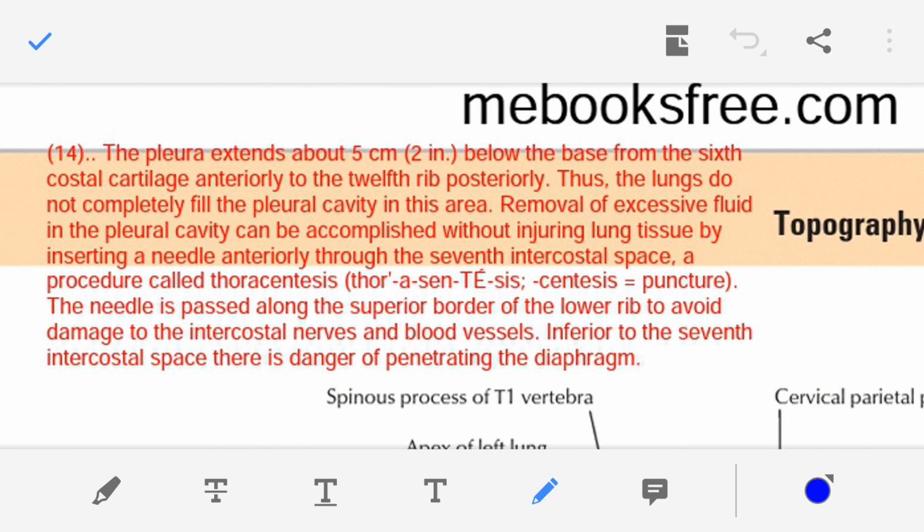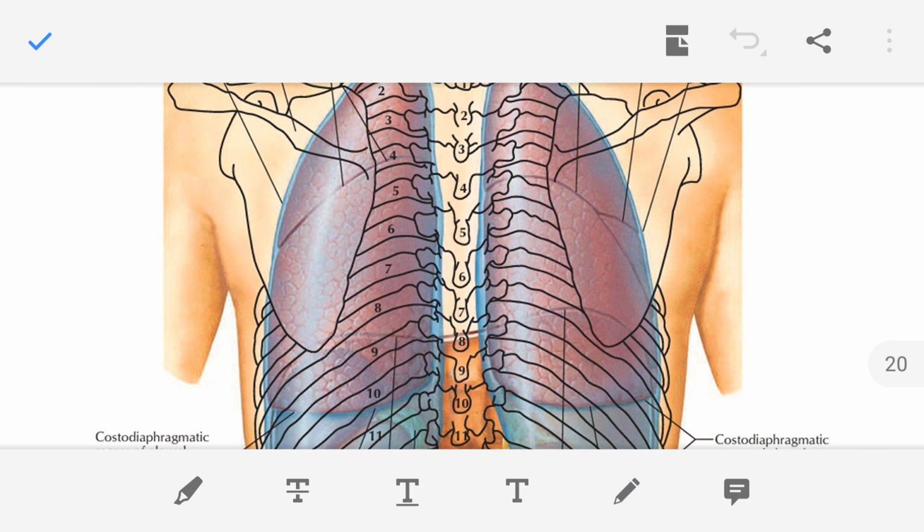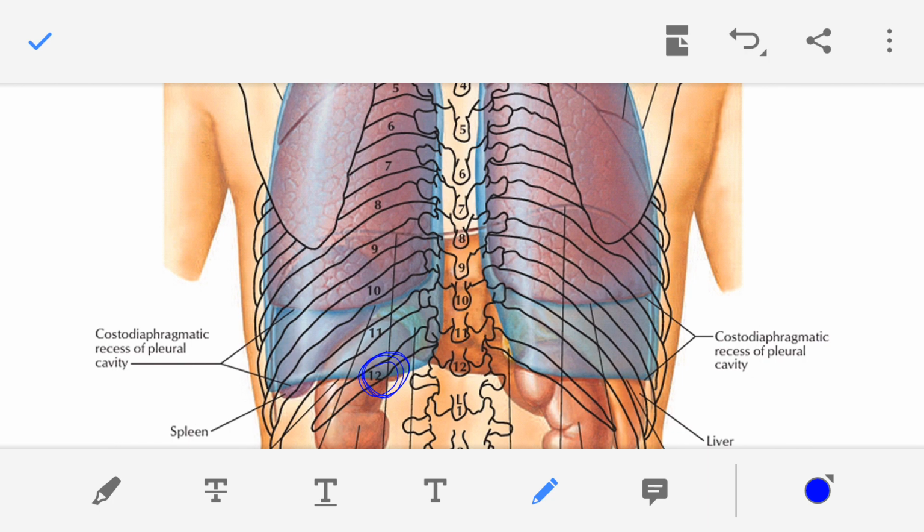The 12th rib posteriorly. So this is the posterior view, and this is the 12th rib. Here you see this pleura is extended, also at the level of the 12th rib.